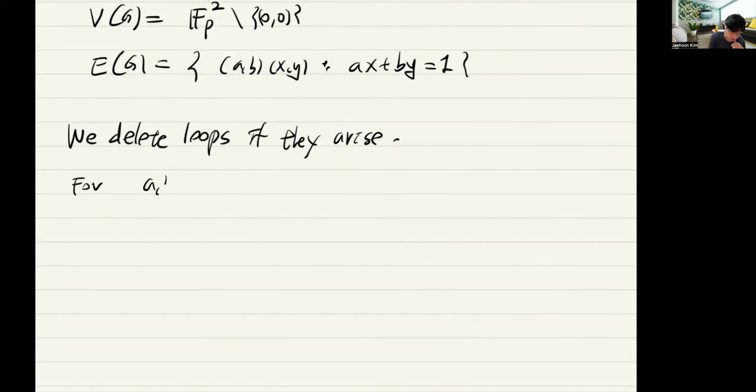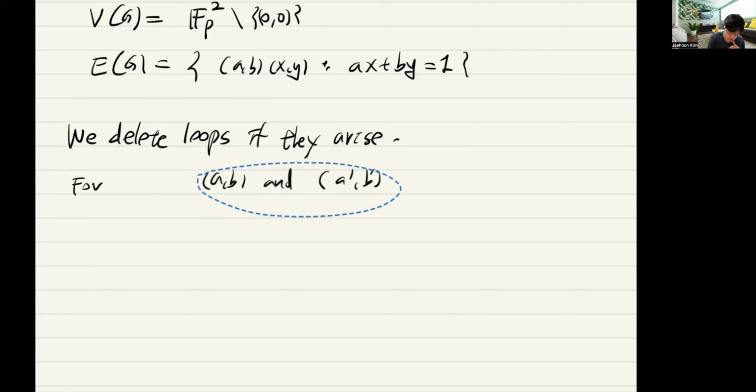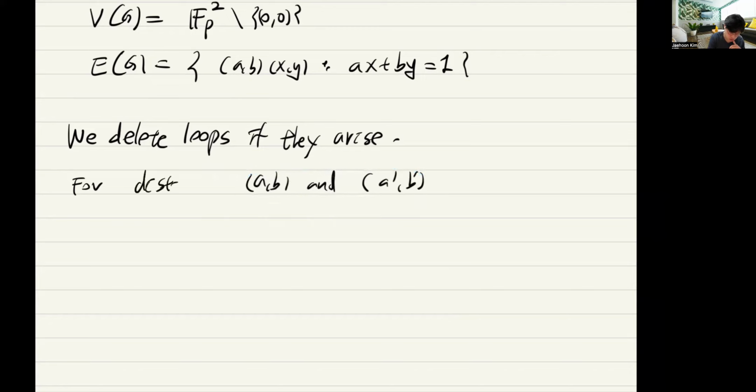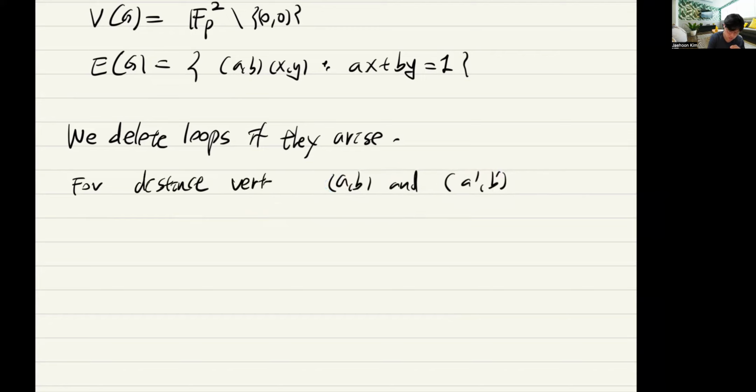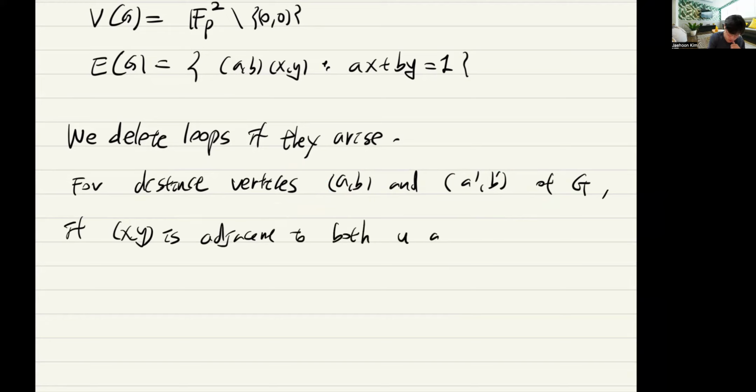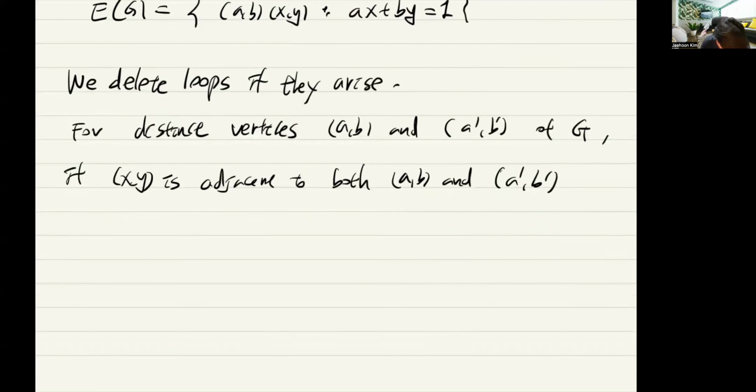So for (a, b) and (a', b'), which are distinct vertices of G, if (x, y) is adjacent to both (a, b) and (a', b'), then what happens?